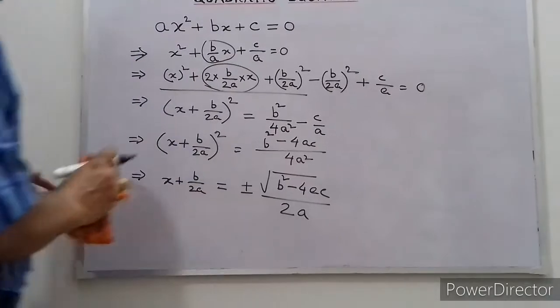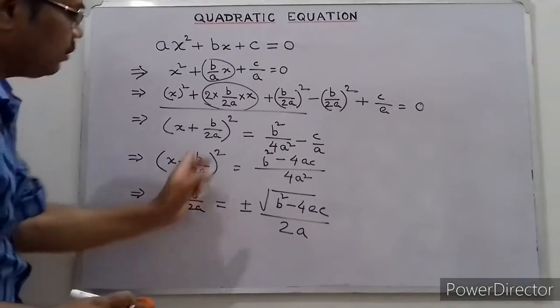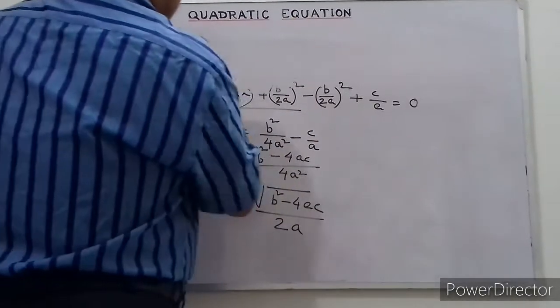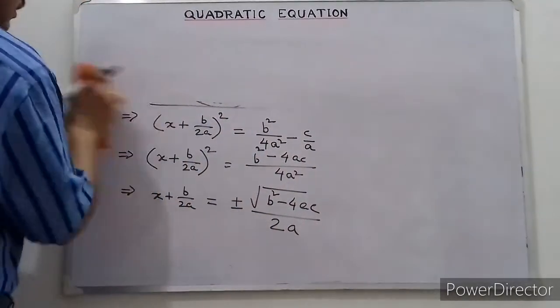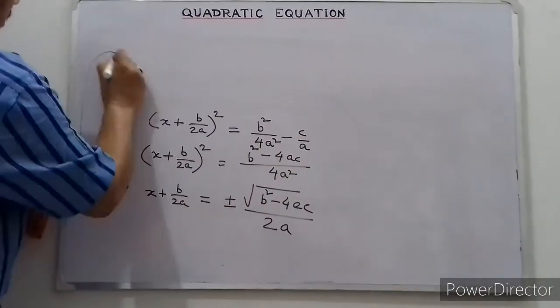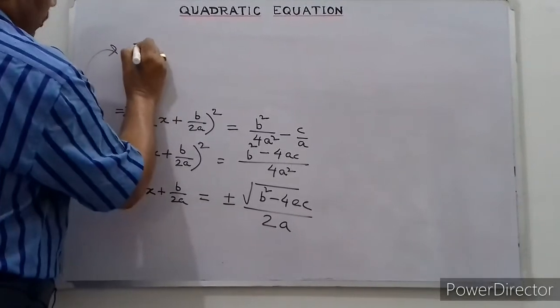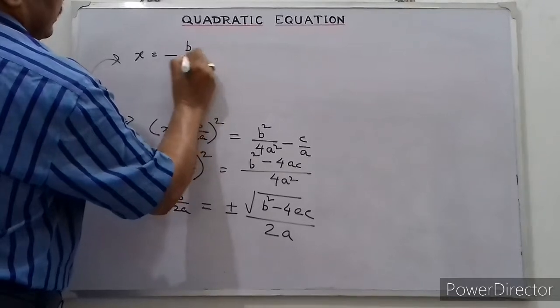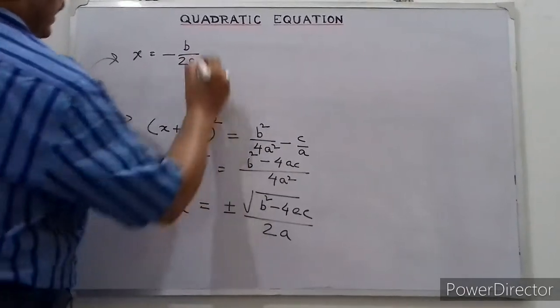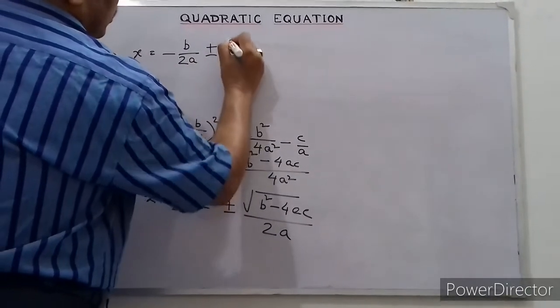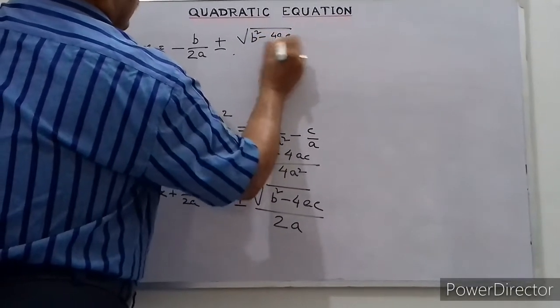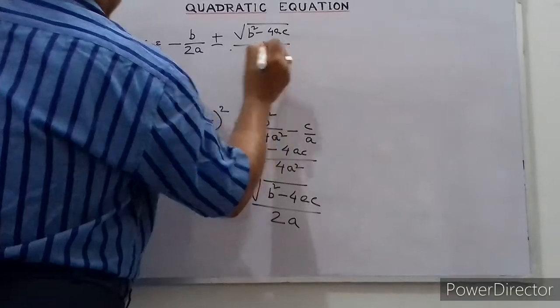Now what is the value of x? That means b by 2a has to be taken to the right hand side. So x equals minus b by 2a plus minus root b square minus 4ac by 2a.